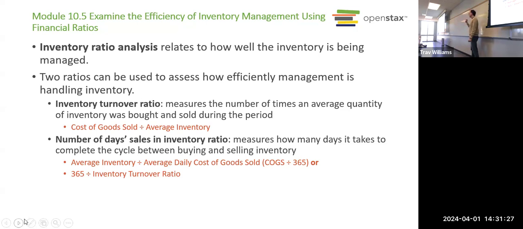Now, last chapter, we did have number of days sales in accounts receivable. Here we have number of days sales in inventory. It's similar. And in fact, you could apply the same formula, but the correct way to do it here is you take the average inventory, that's what we had calculated for the turnover ratio, and you divide it by average daily cost of goods sold.